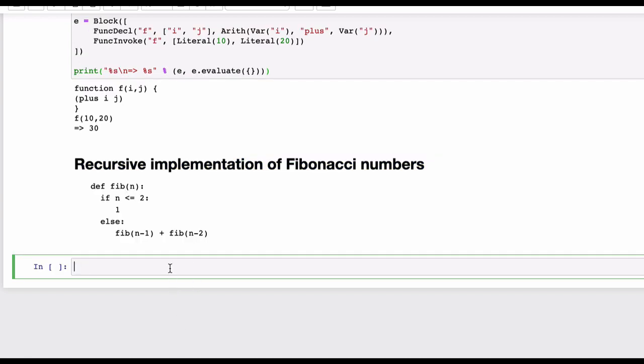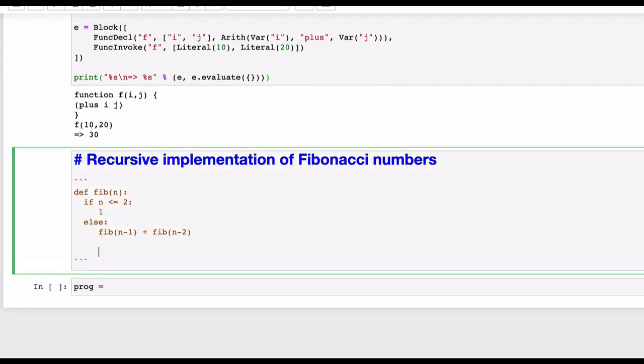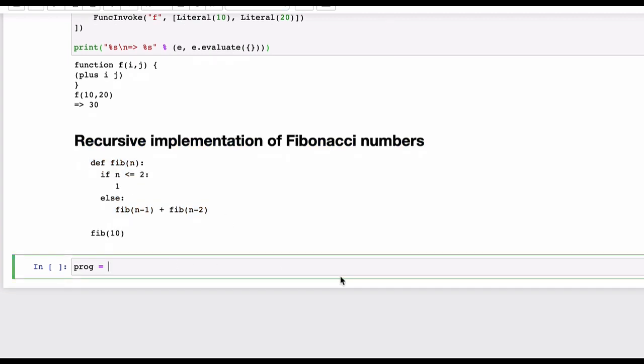Okay, so how are we going to do this? Well, our program is going to be, and of course, once we declare that, I also want to have a Fibonacci number of 10. Let's see what that is, the 10th Fibonacci number. All right, let's see what the program is going to be.